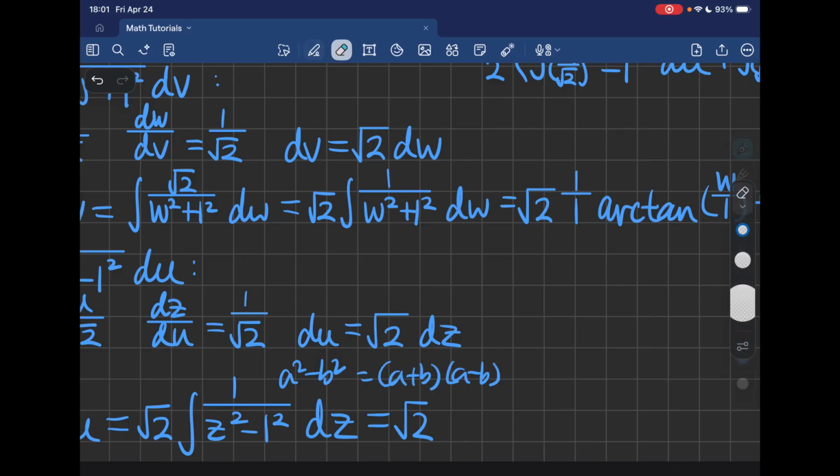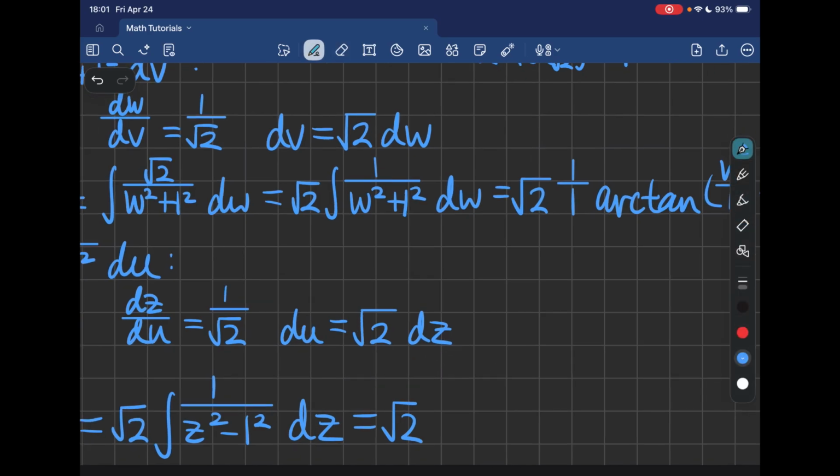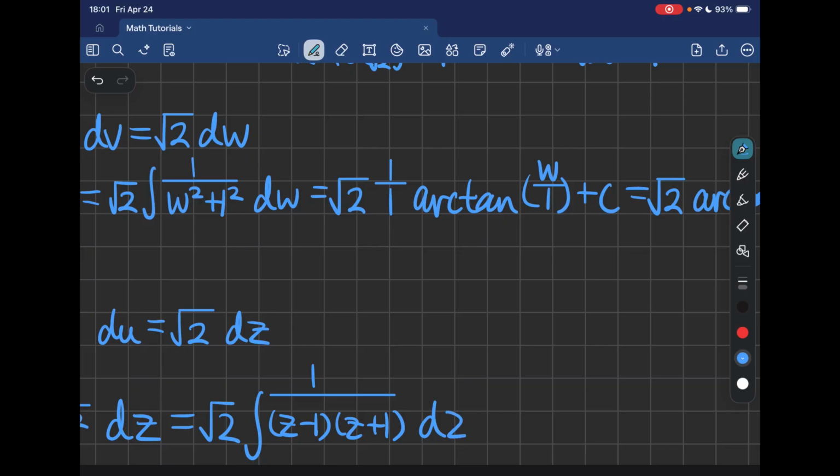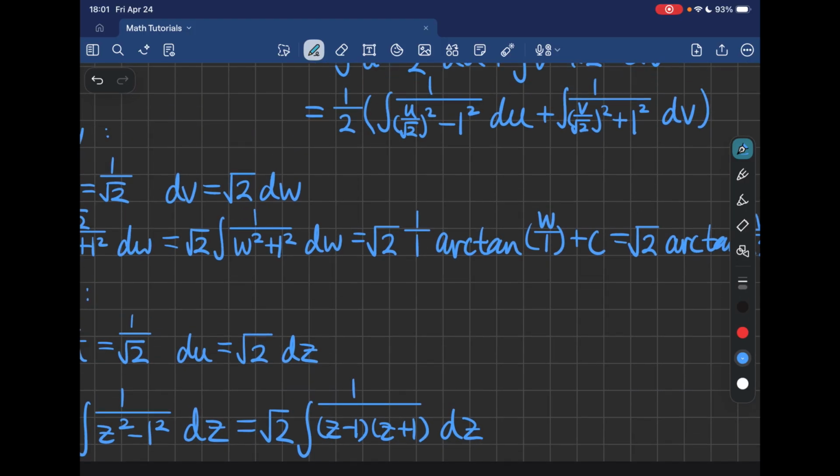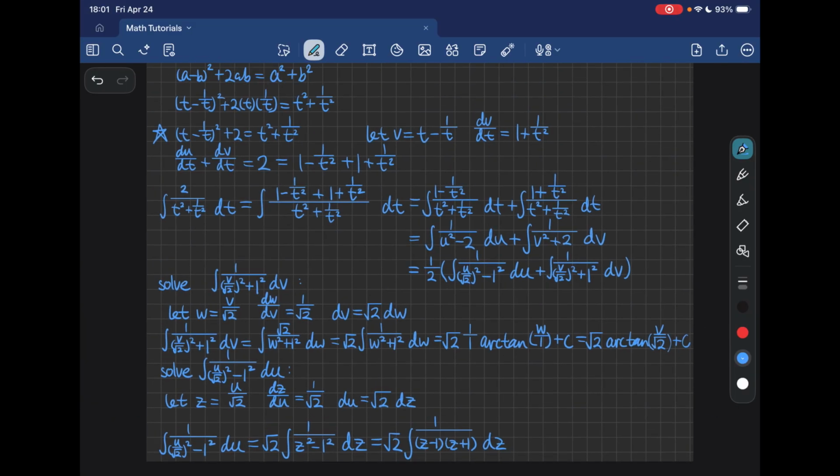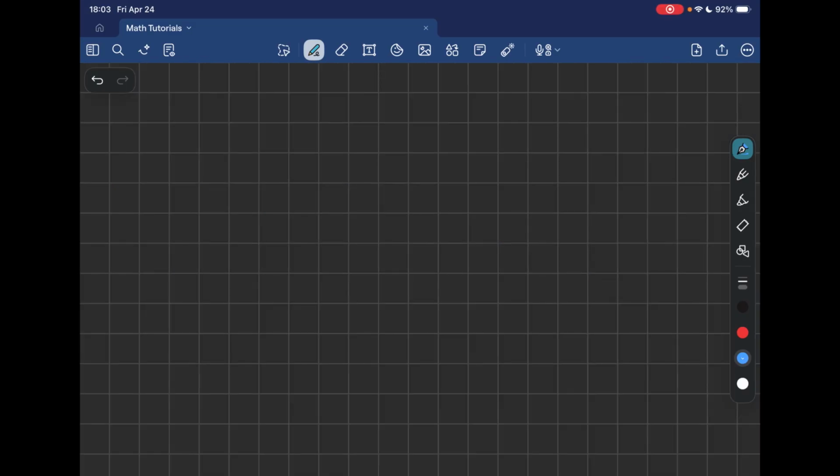So it's easy to write this into the product of some things, and that will make us ready for partial fraction decomposition. That's just z minus 1, z plus 1, dz. I will solve this partial fraction decomposition on the next page because we're running out of space.